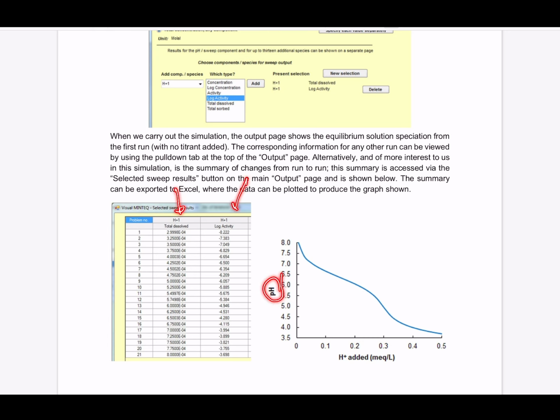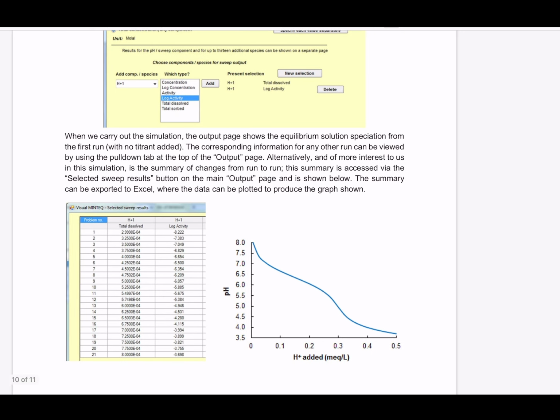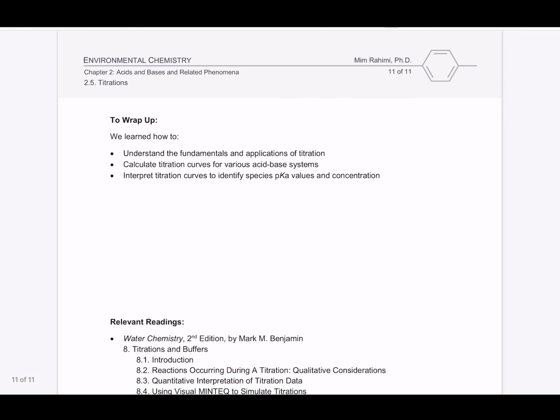And then you get something like this. So instead of doing that control experiment in the lab to make sure it's acetic acid and then comparing it with what you had, you can also simulate it using Visual Minteq. That's why this is a very useful software, and of course it's free, by just using that sweep function.